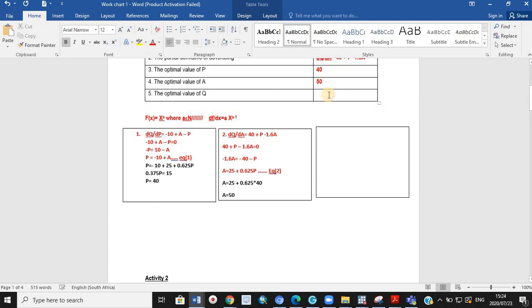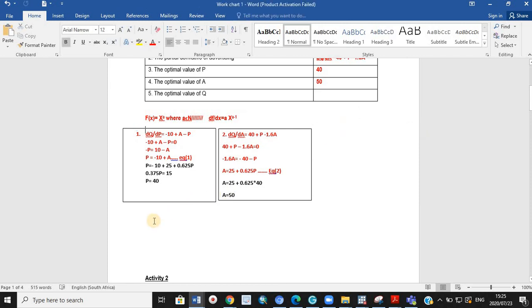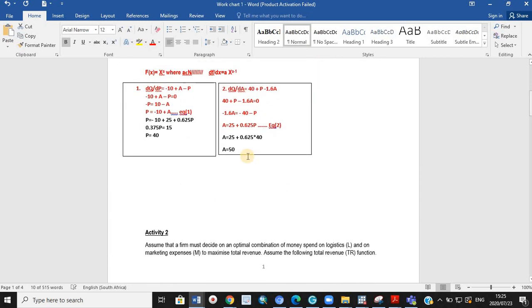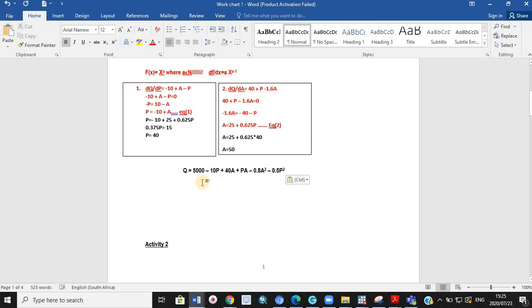All right, so for us to get the optimum value of quantity, we will just need to copy the same equation, just to facilitate, then bring it here and substitute again. I will say this is 40, should be times 40.